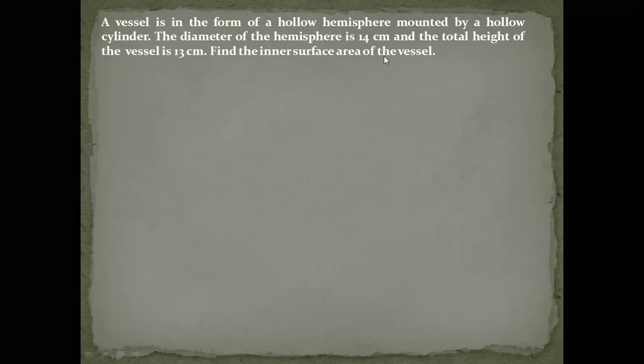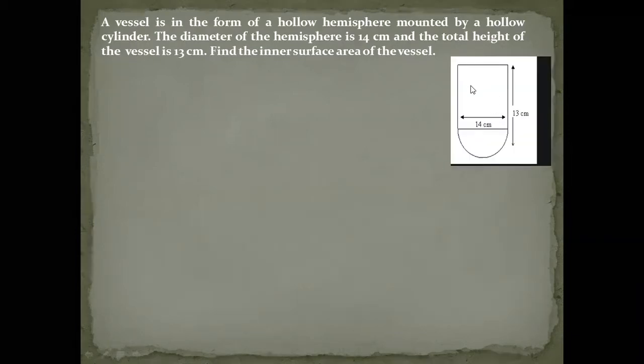Find the inner surface area of the vessel. So the vessel is in the form of a hollow hemisphere mounted by a hollow cylinder. Let us first discuss the diagram, and then we proceed to the solution of this particular question.